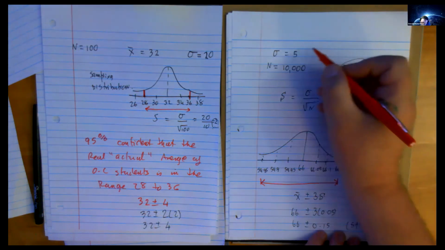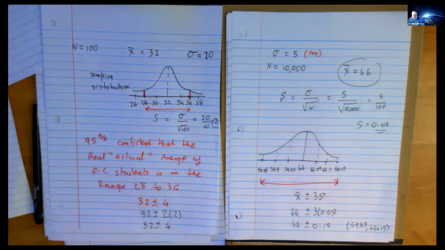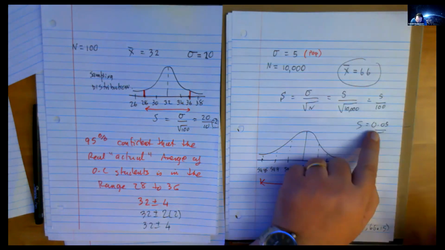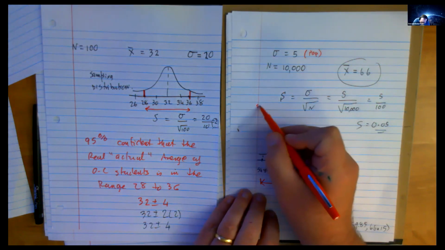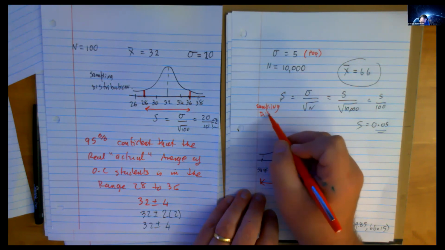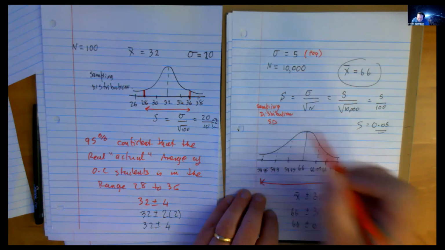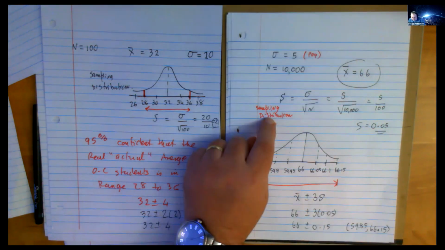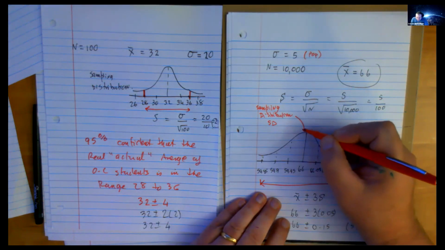Okay. So see this 5 here? This is the population standard deviation. See this 0.05 here? This is the sampling distribution's standard deviation. So these are 2 different standard deviations. This one is where these 0.05s are getting used.